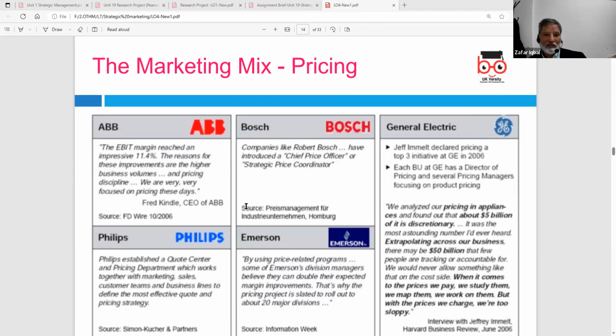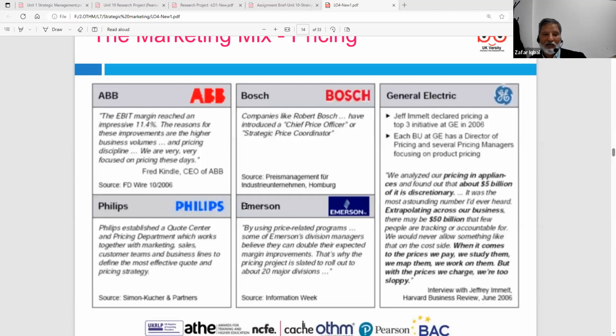Okay, so price is very important because there are people responsible for elements of pricing, and Bosch is one of them, who has appointed a company chief pricing officer or pricing coordinator to look at the prices. Okay, which is very important.